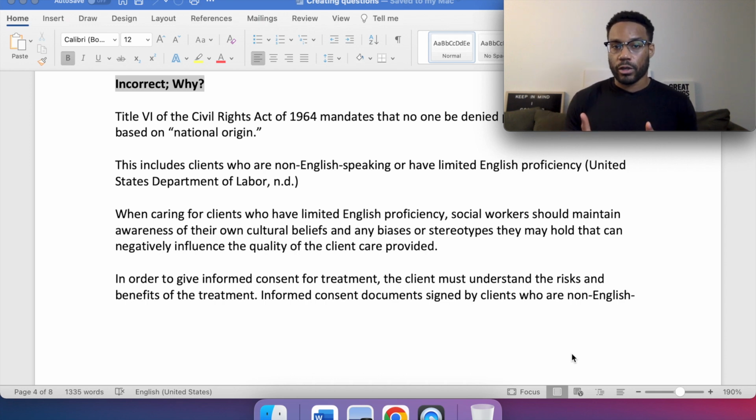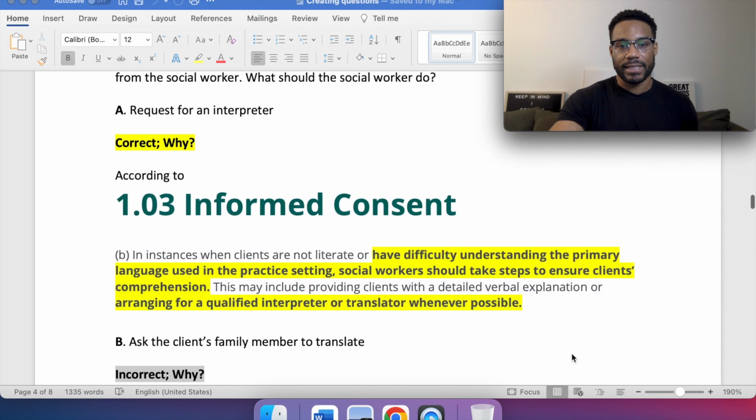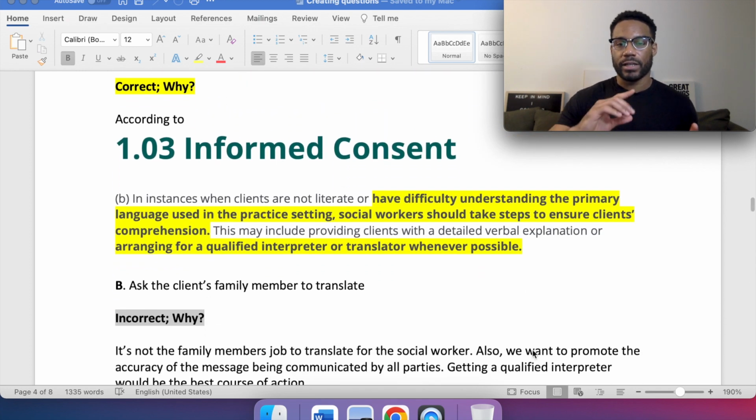In that case, going back up to that informed consent piece, the social worker will want to seek a third party that has the client's best interest at heart. In that case, it will be a spouse, a family member.